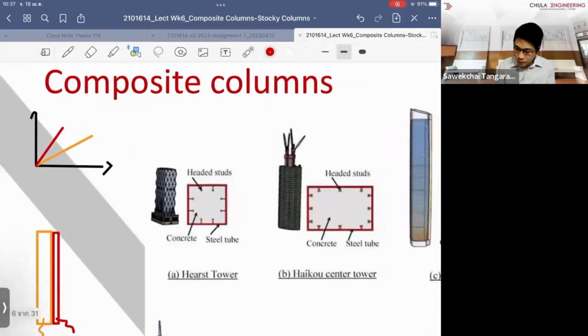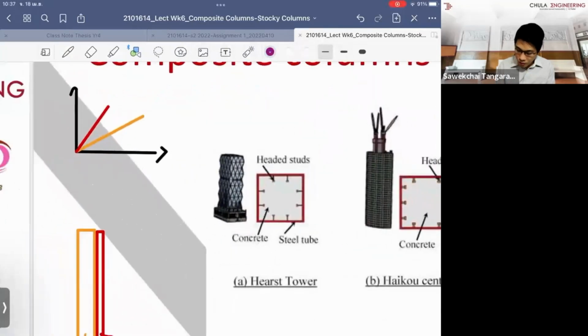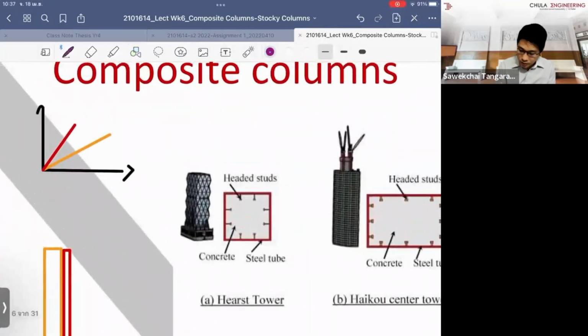Okay, listen to me first. If you're looking at the value of the force, let's say this is the axial force, or just to make it precise, I take the stress and the strain, right?